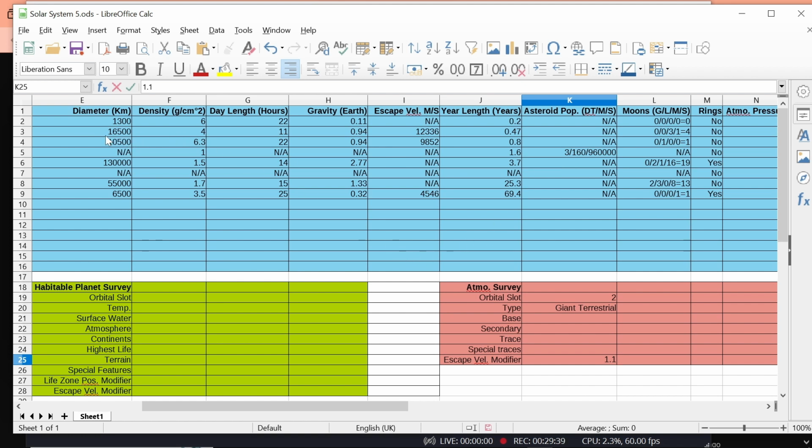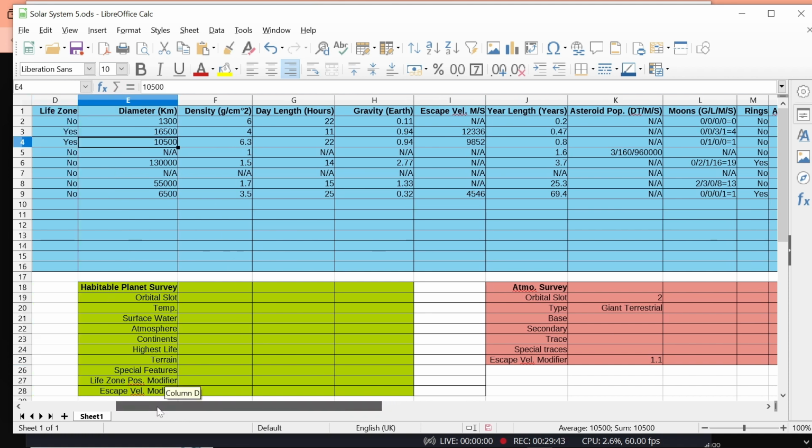So moving on, we have our terrestrial planet here in slot 3, which I will make sure is going to be habitable, so I'm just going to put it in the habitable field here. And we want its escape velocity.